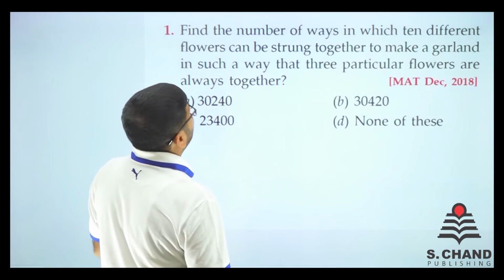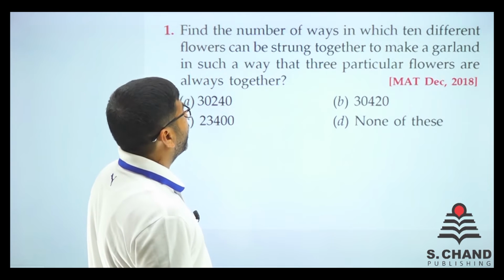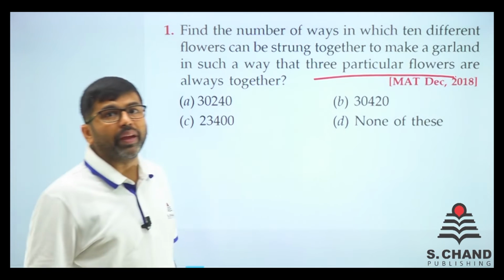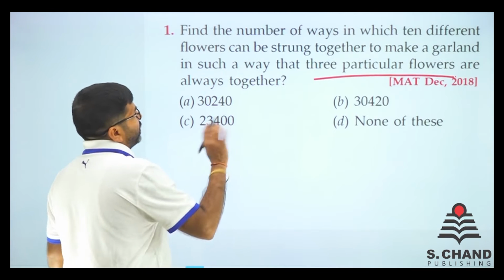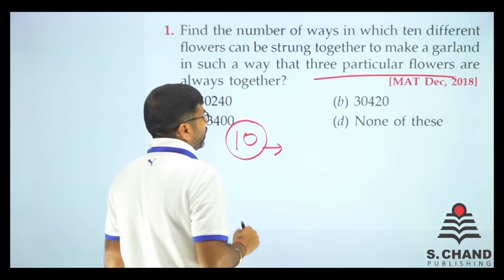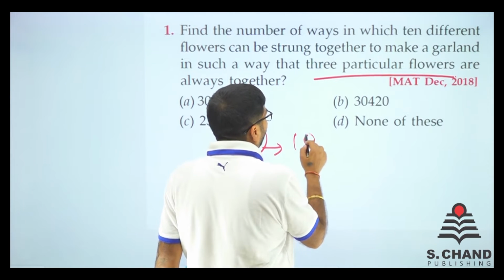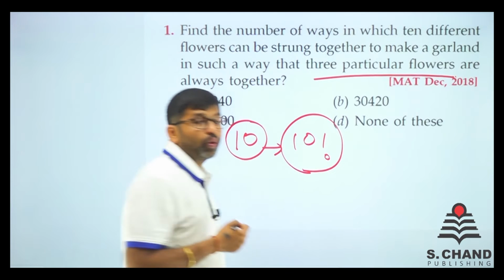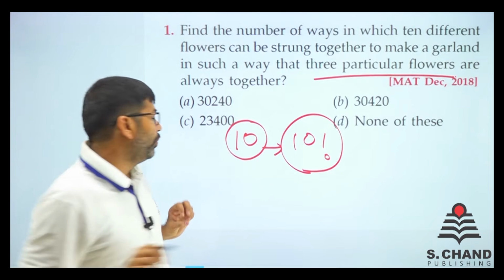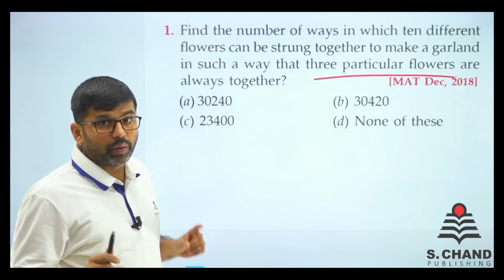Find the number of ways in which 10 different flowers can be strung together to make a garland in such a way that 3 particular flowers are always together. See, 3 particular flowers are always together. If there are a total of 10 flowers, we have 10 factorial different ways to put all the flowers in a row.